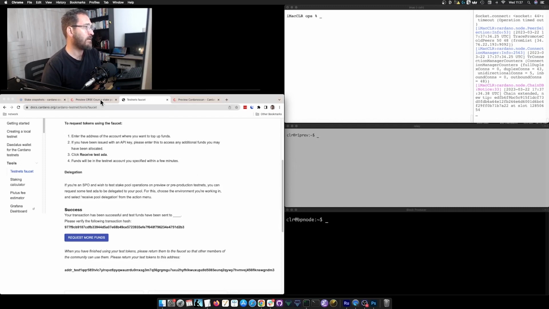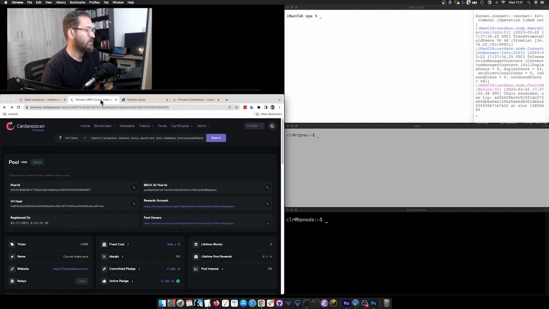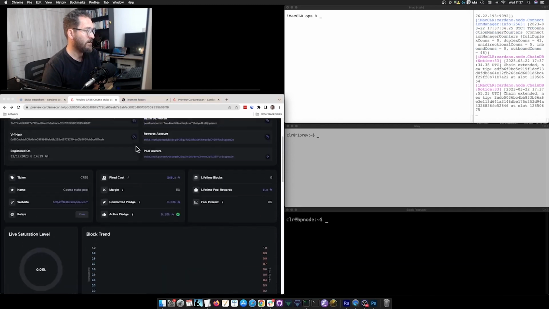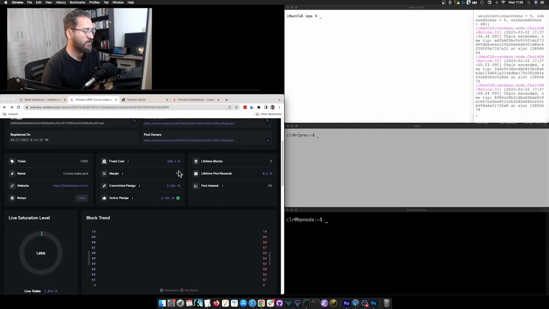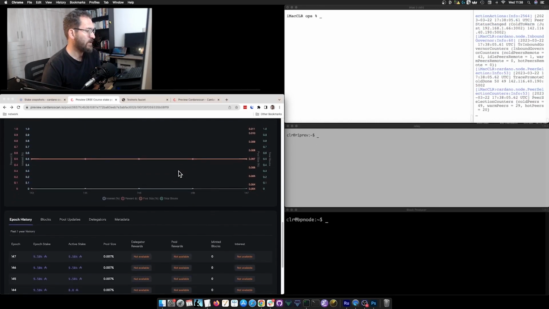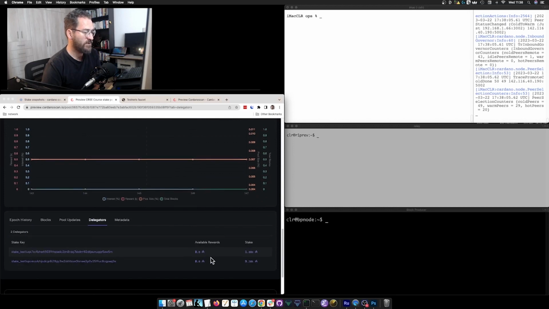Well, we can come back to the Explorer, and hopefully after a couple of minutes, just waiting for the transaction to be successful, we should see here under delegators.